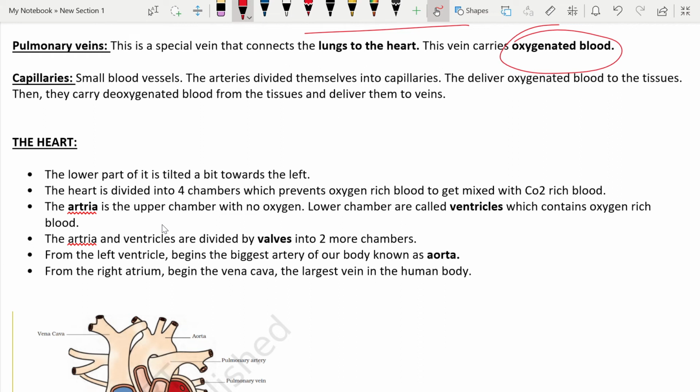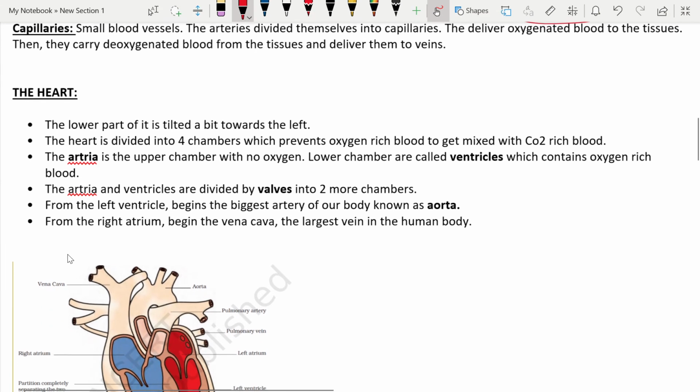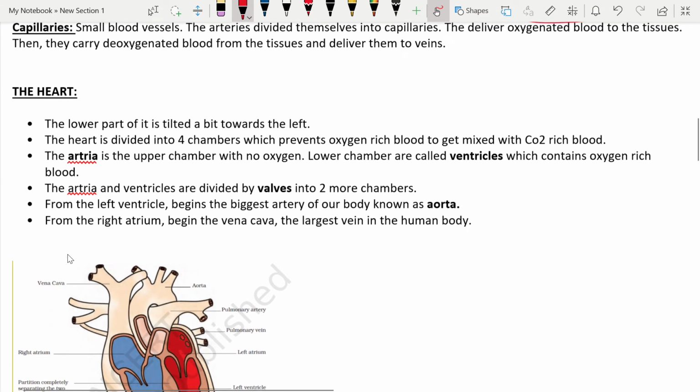The atria and ventricles are divided by valves into 2 more chambers, so they are basically 4.